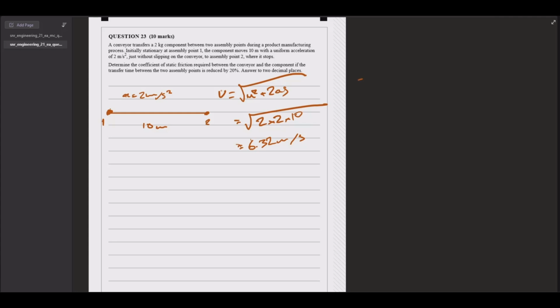We're going to put that into this formula here. I'm going to rearrange for t. Oh, we didn't even need to know that.